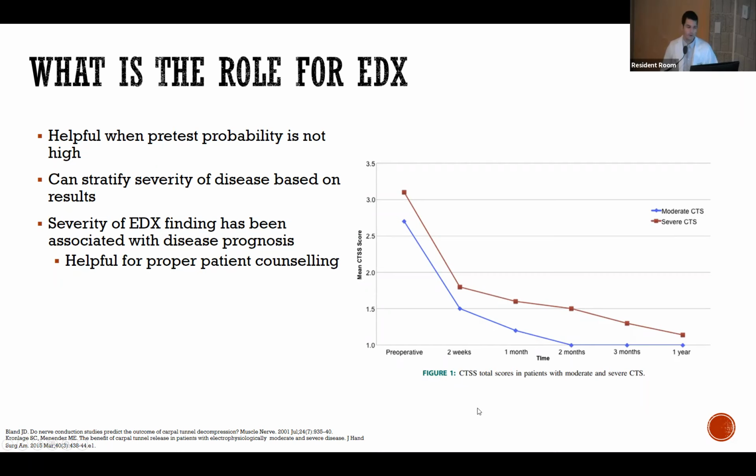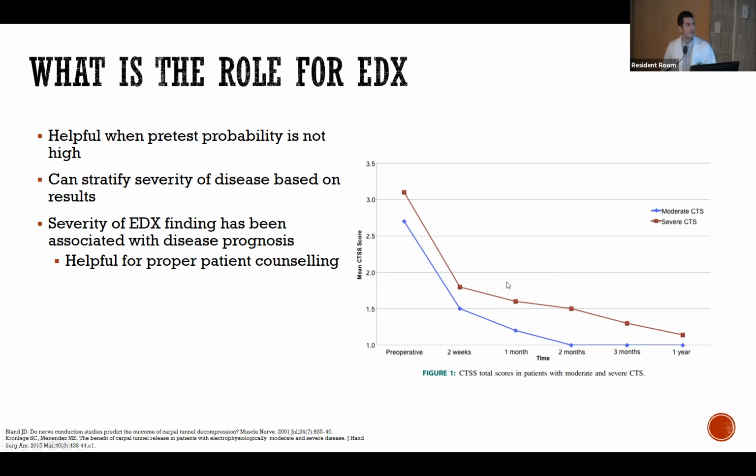Why is it helpful to stratify these patients? Electrodiagnostic studies have been shown to be associated with prognosis after carpal tunnel release. There have been a few studies; the one I show here on the right is Cromledge et al. in 2015, which stratified patients with severe and moderate carpal tunnel based on these studies and followed them up to a year out on their symptom severity.